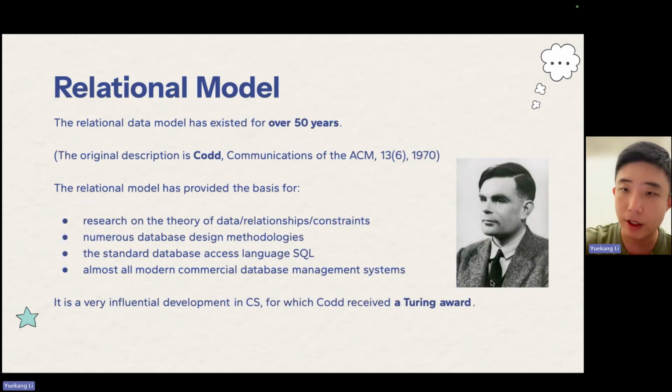Here is some background on the relational model. It has existed for over 50 years. It was first proposed by Codd in 1970, and the inventor of this concept won a Turing Award because the impact of the relational model is so huge. And talking about Turing, you may have heard about him.